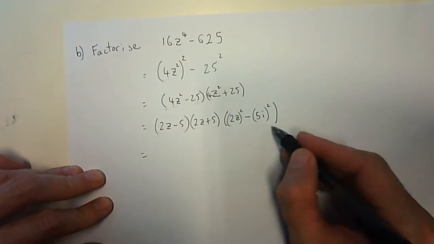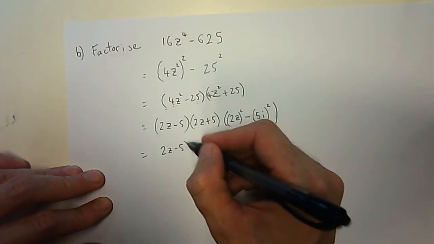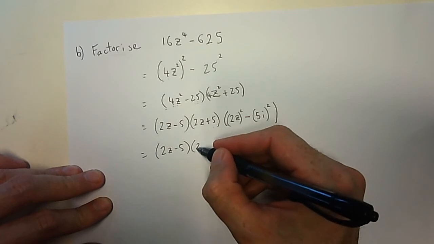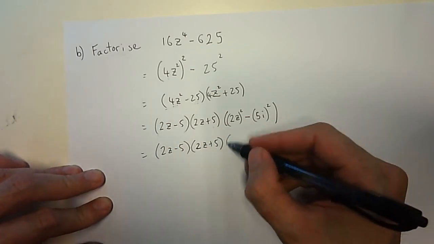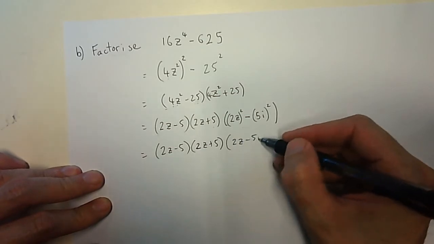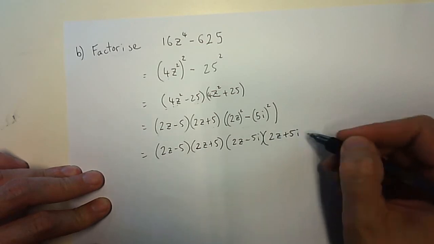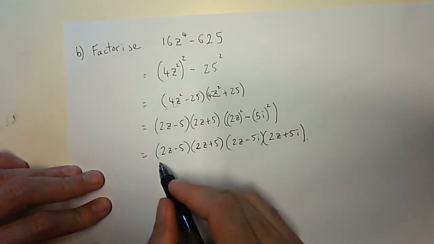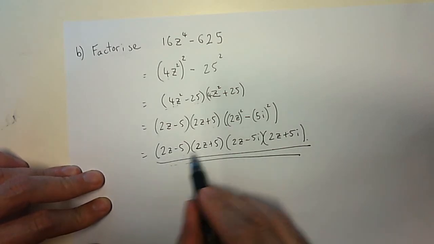I need to use a difference of 2 squares, as I did in the previous examples. So 2z take 5, 2z plus 5, and then the difference of 2 squares here is going to be 2z take 5i, and then 2z plus 5i. Okay, and then that is it fully factorized in terms of linear expressions.